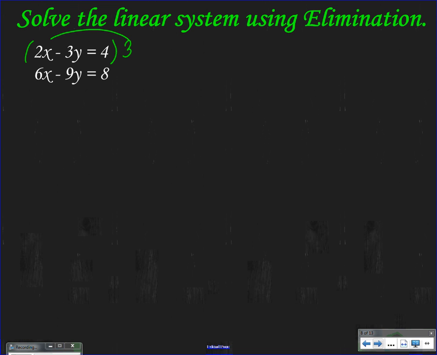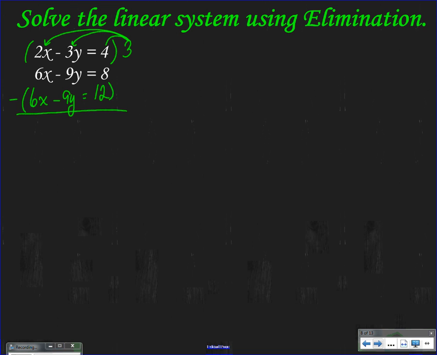So 3 times 2x, we're just going to distribute here. 3 times 2x is 6x, and 3 times negative 3 is negative 9y, and 3 times 4 is 12. If I add these together, I'm going to get 12x minus 18y, right? So I'm not getting rid of any of my variables. But if I subtract these two, I should get rid of one of my variables.